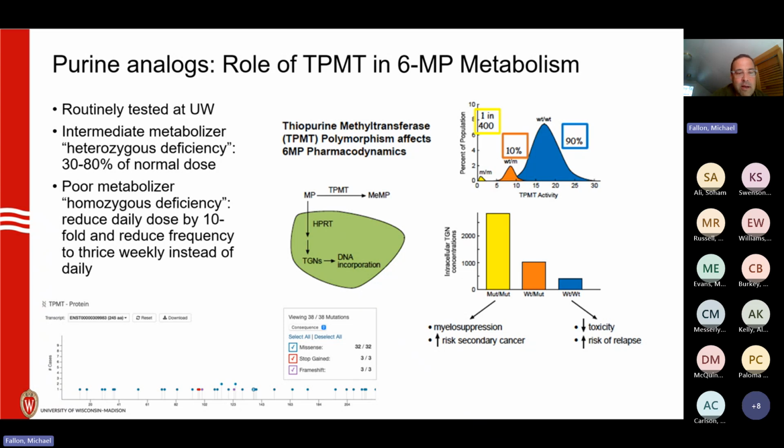There's not one dominant variant like there will be for other drugs. So it's a little bit more complicated test essentially to look at. And so if you are a mutant, your myelosuppression will be very severe and the risk of secondary cancer will go up dramatically.